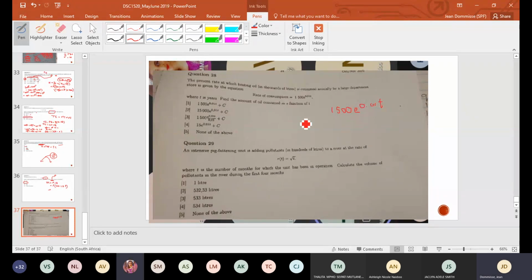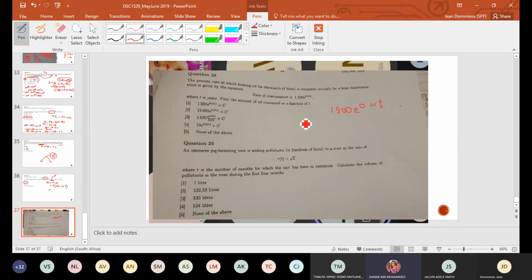Yes. The way I understand it, they are giving the rate of consumption, right? In our study guide, they say that anything to do with rate is the derivative. So whenever I see the word rate, rate of change, rate of consumption, rate of anything, it is the derivative. They are asking, find the amount, not find the rate.